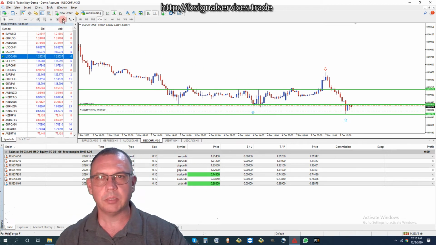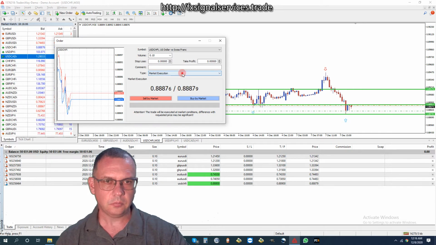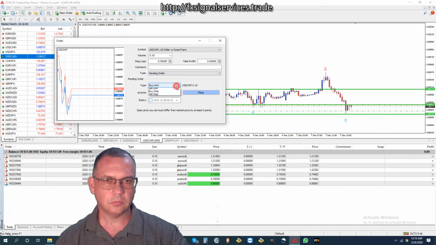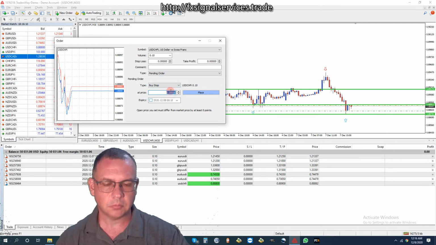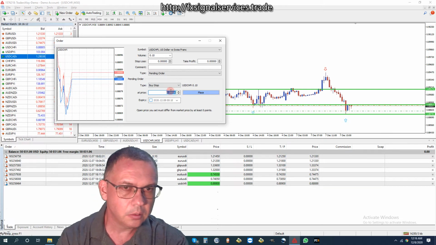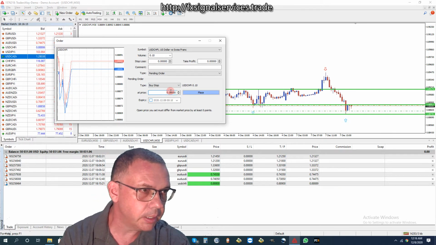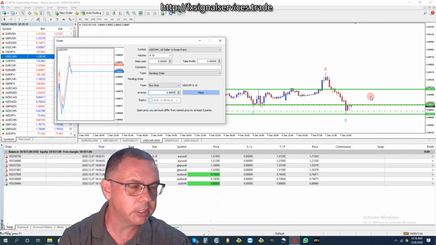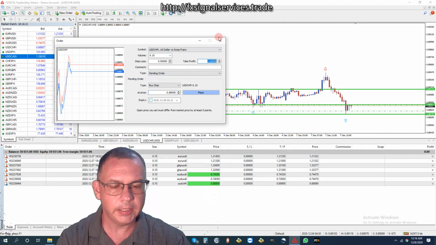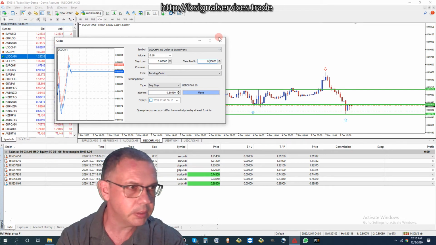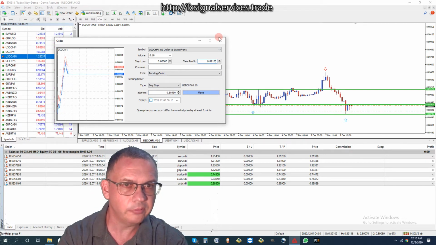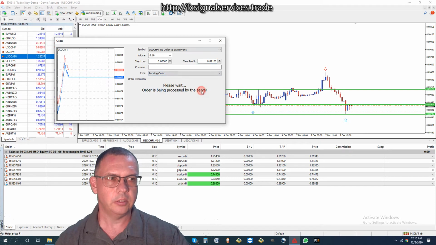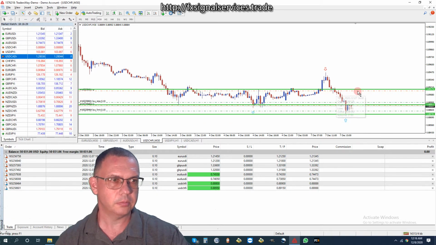So what I can do is I can put here a buy stop at 0.88950. I'll just use that little tick mark right there, and take profit, I'm going to put 0.89150. I think that's 100 pips, right? That's 200 pips.